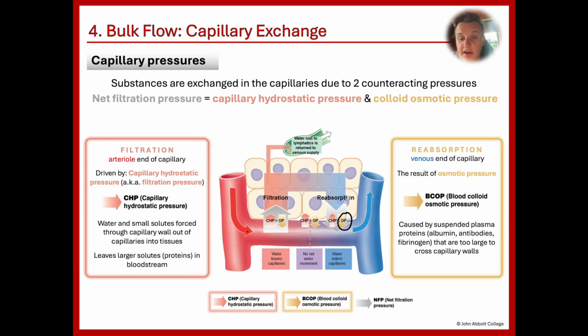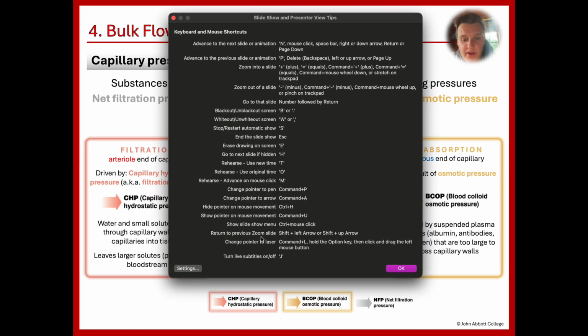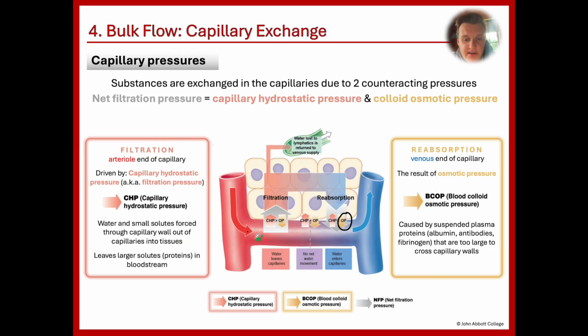Why is it that this happens? Do you remember that I said that albumin and red blood cells are found in the blood here, and they're too big? I'll make them a bit bigger. They're way too big to be pushed out into these tissues.